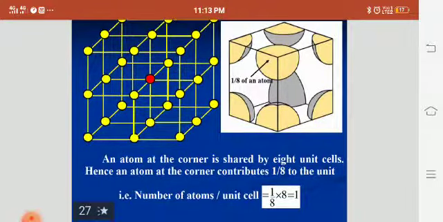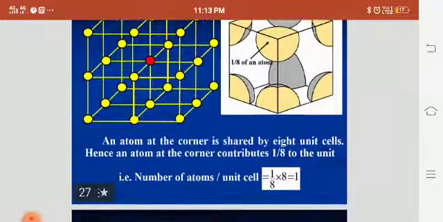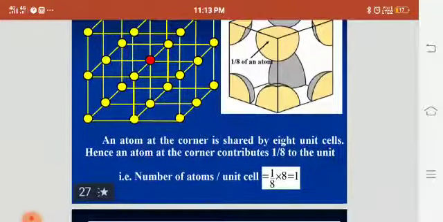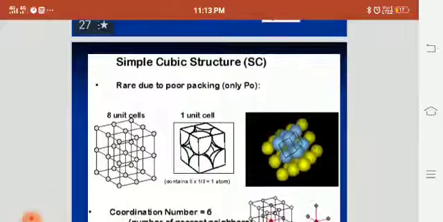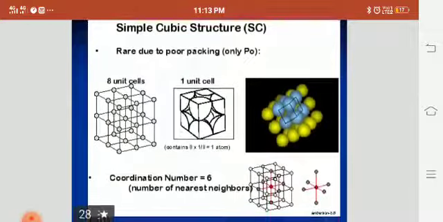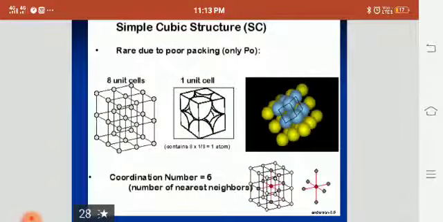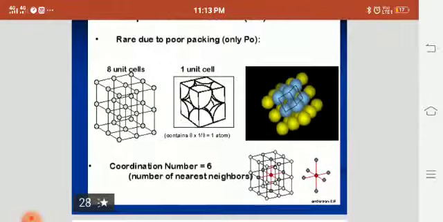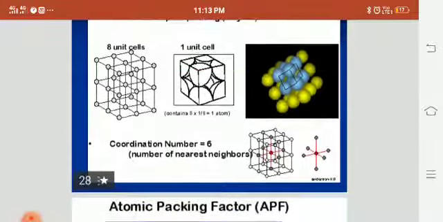So we get 1, that is the number of atoms per unit cell for simple cubic structure is 1. In case of simple cubic structure we consider 8 unit cells, out of which we can take 1 unit cell. So the coordination number is 6.